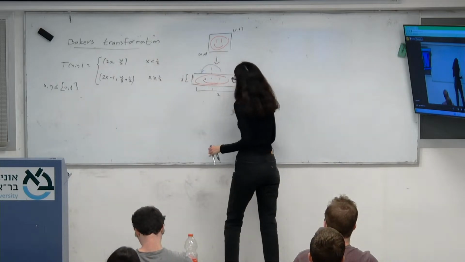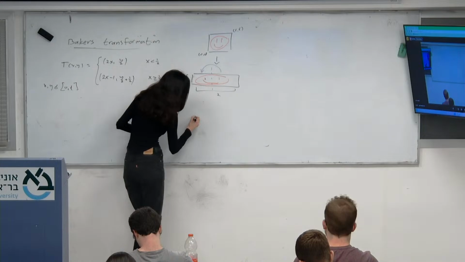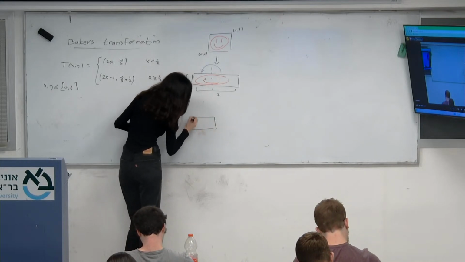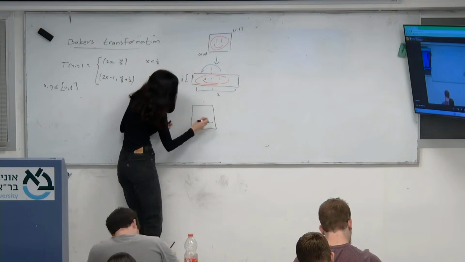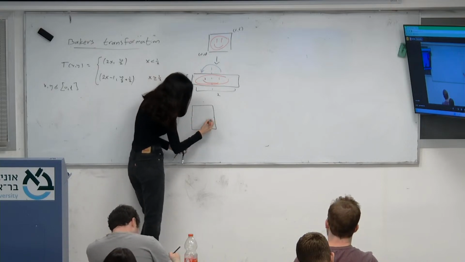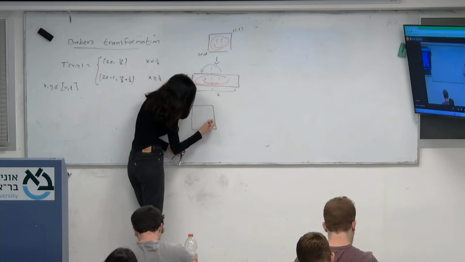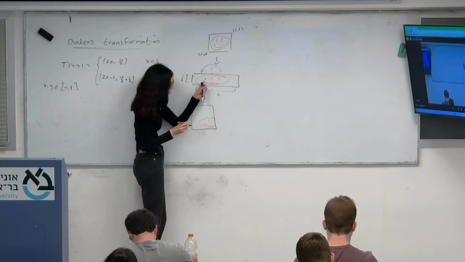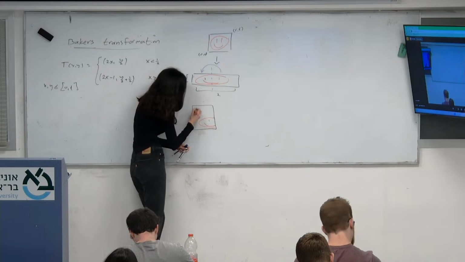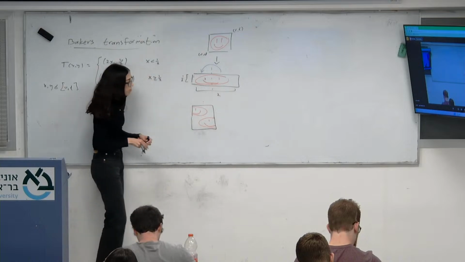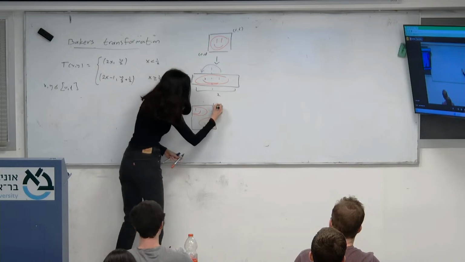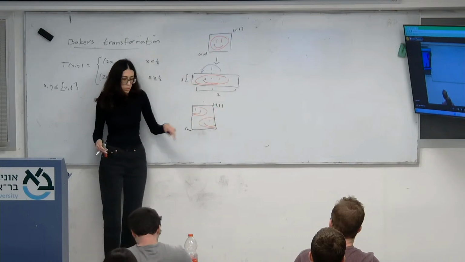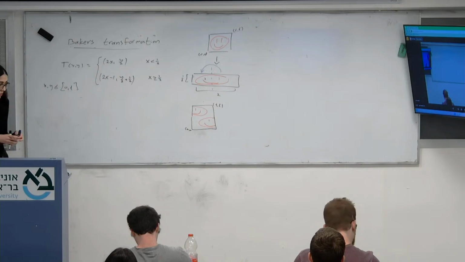And we take this half and we put it on top of this half. So how is it going to look? We have something like that from the bottom half and something like that on the top half. It went back to being 1 by 1.